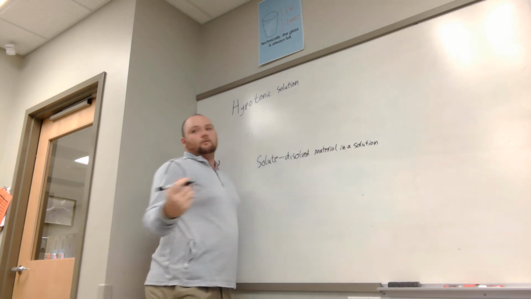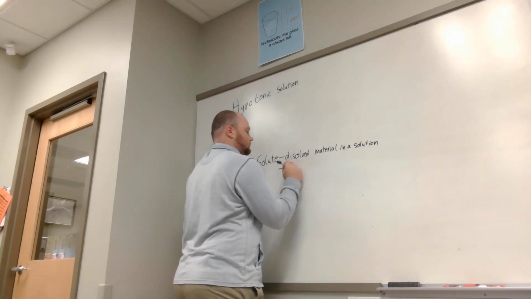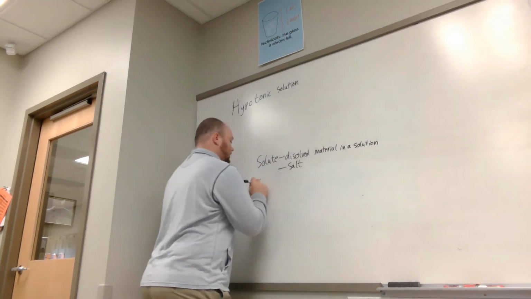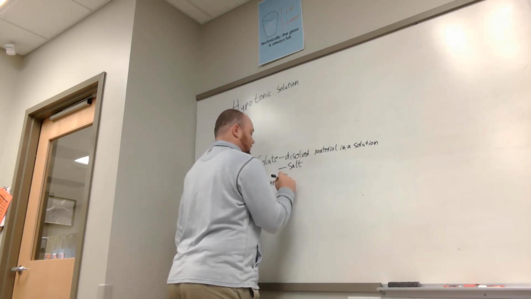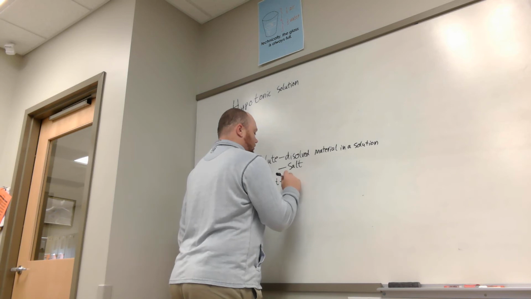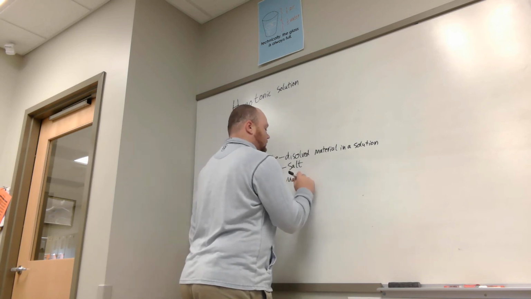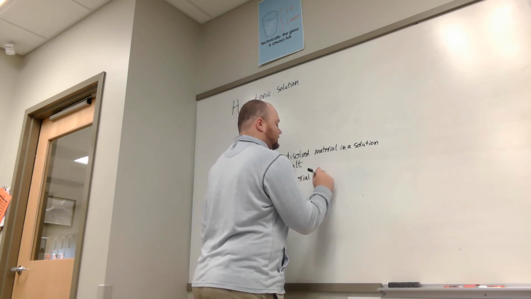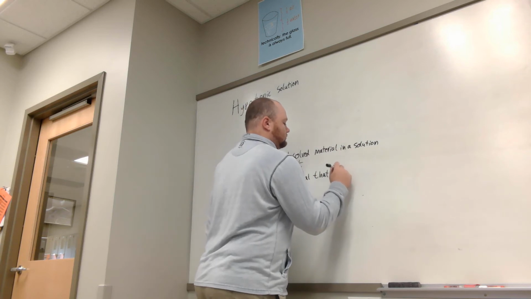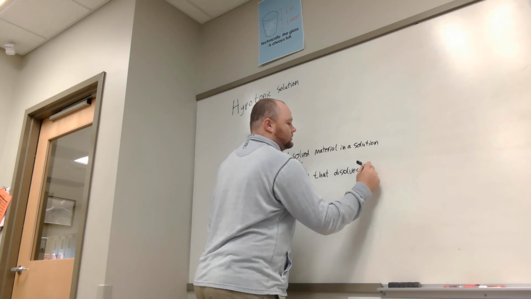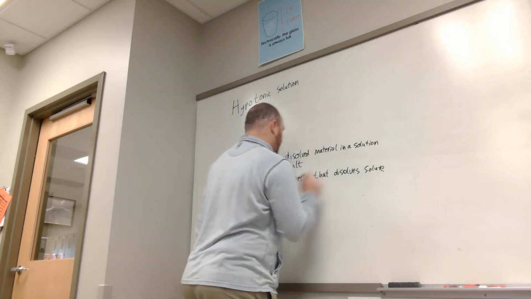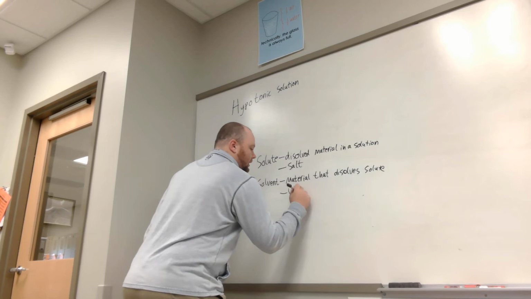Okay, so an example of a solute would be like salt, and a solvent would be the material that dissolves the solute. Okay, so that would be something like water. Okay.